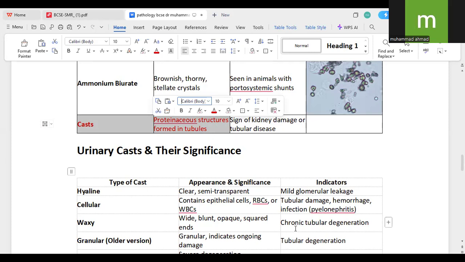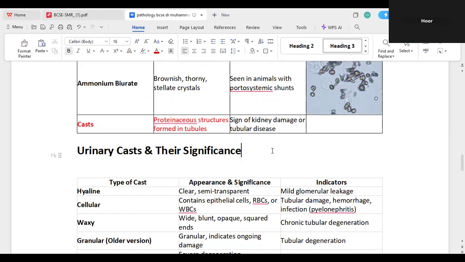I will share later on. Okay, Tamm-Horsfall protein. This name is very important. You have to remember. So the proteinous structure is Tamm-Horsfall protein.